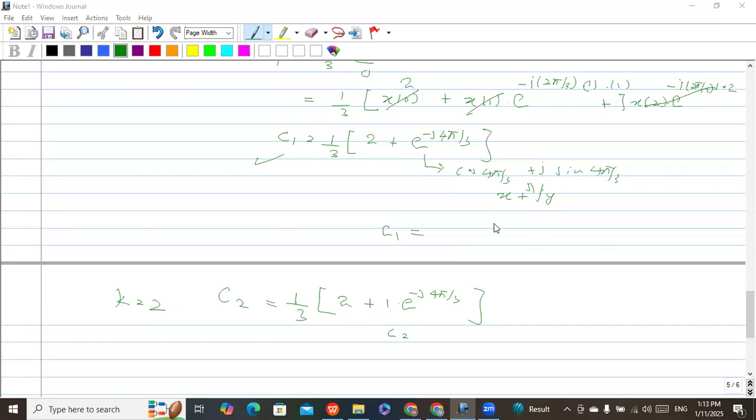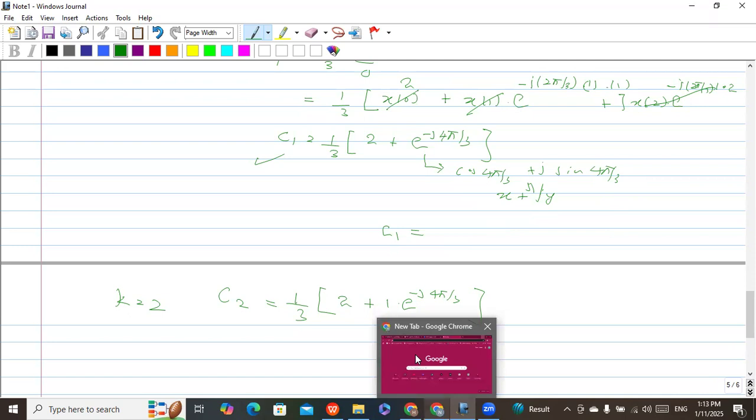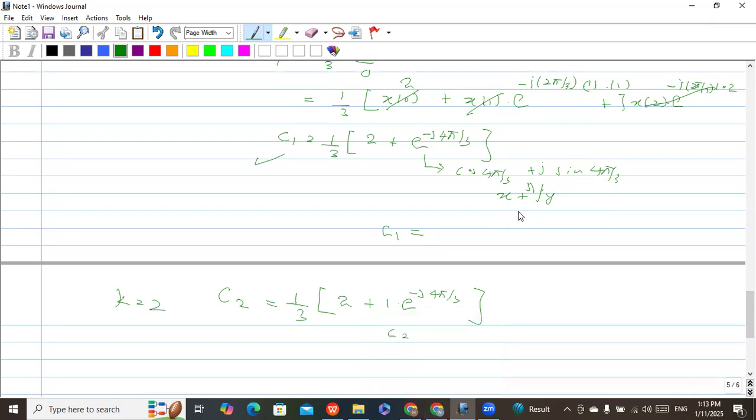Okay, 0.99. And what is sin 4π/3? What is sin 4π/3?